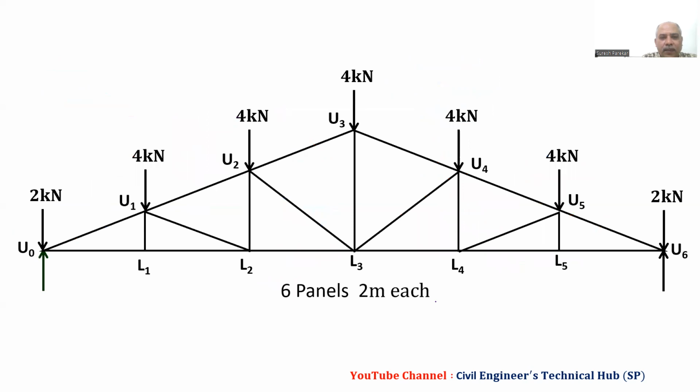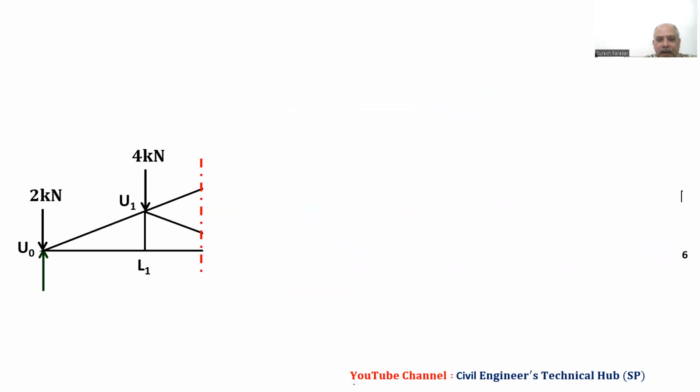So now only one member remains, which we have to find out, U1 L2. Therefore we will take a vertical section and remove the right part. So we have only the left part, and then we find the force in U1 L2. Now we already know the force in this member is 16 kilonewton.